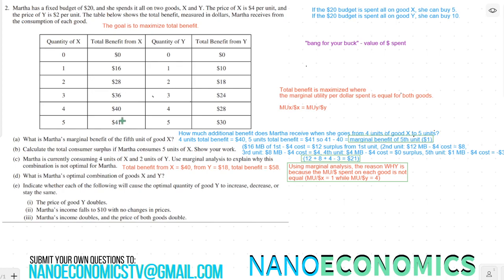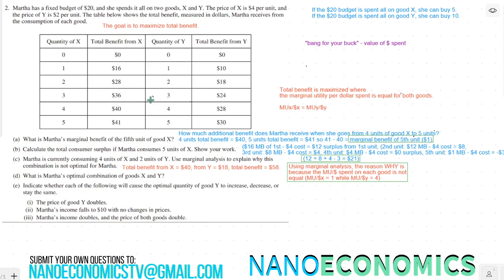So when Martha consumes 4 units of good X, she gets $40 in total benefit. But when she consumes 5 units of good X, she only gets $41 in total benefit. So the change, or the increase, or the marginal benefit for the fifth unit was only $1. And that's really what we're looking at here: the additional benefit is just the change in total benefit going to the fifth unit, in this case from the fourth unit.